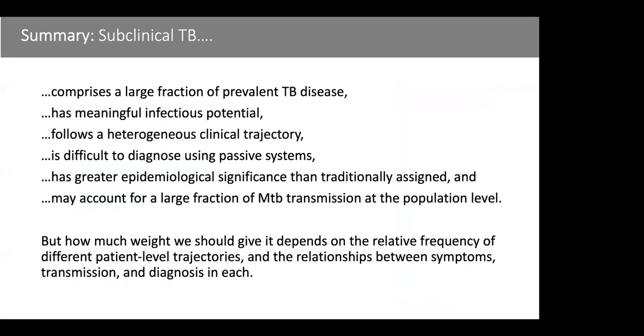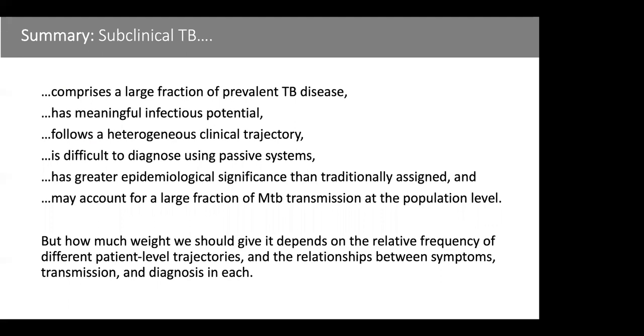So to summarize, I think what we know about subclinical TB is that it comprises a large fraction of prevalent disease. It has meaningful infectious potential, although we need to quantify exactly what that is. It follows a heterogeneous clinical trajectory. It's difficult to diagnose using passive systems, but it's possible to go out and find it.